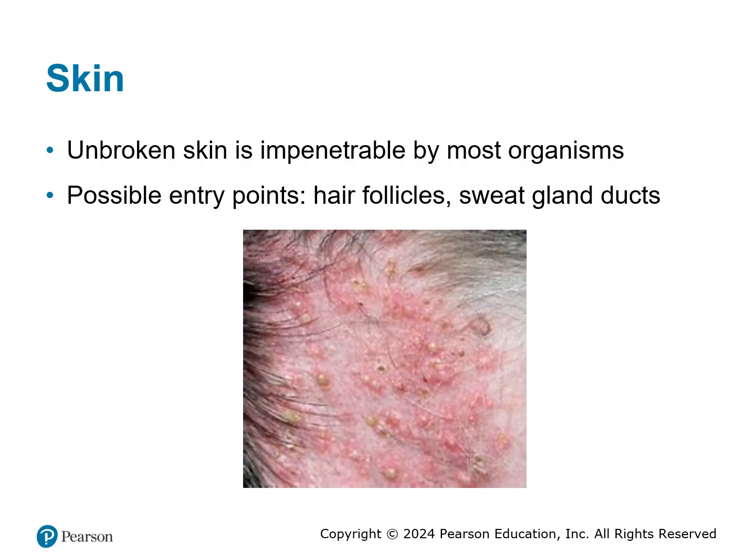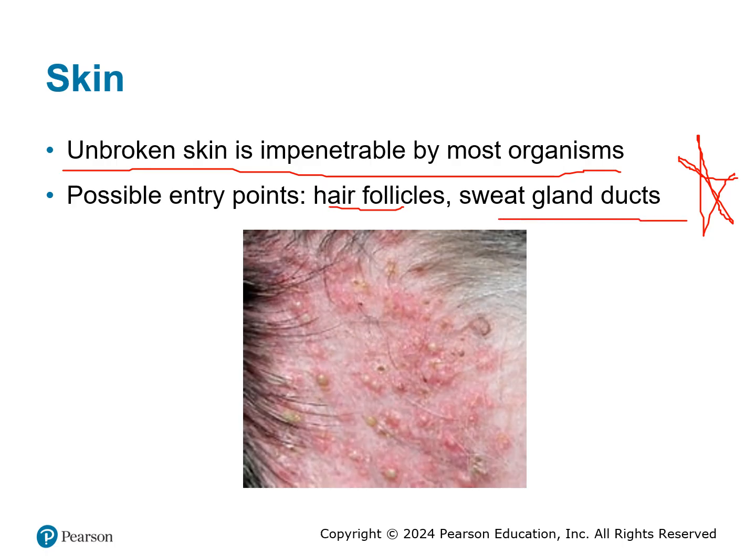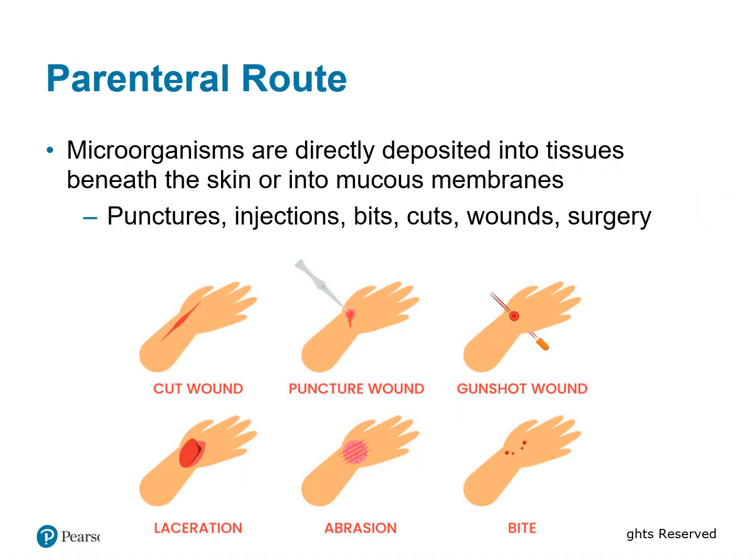All right, so your skin, luckily, when your skin is not broken, it is impenetrable by most organisms. But here is the exception. We do have openings. So hair follicles and sweat glands and ducts can easily be infected by microorganisms.